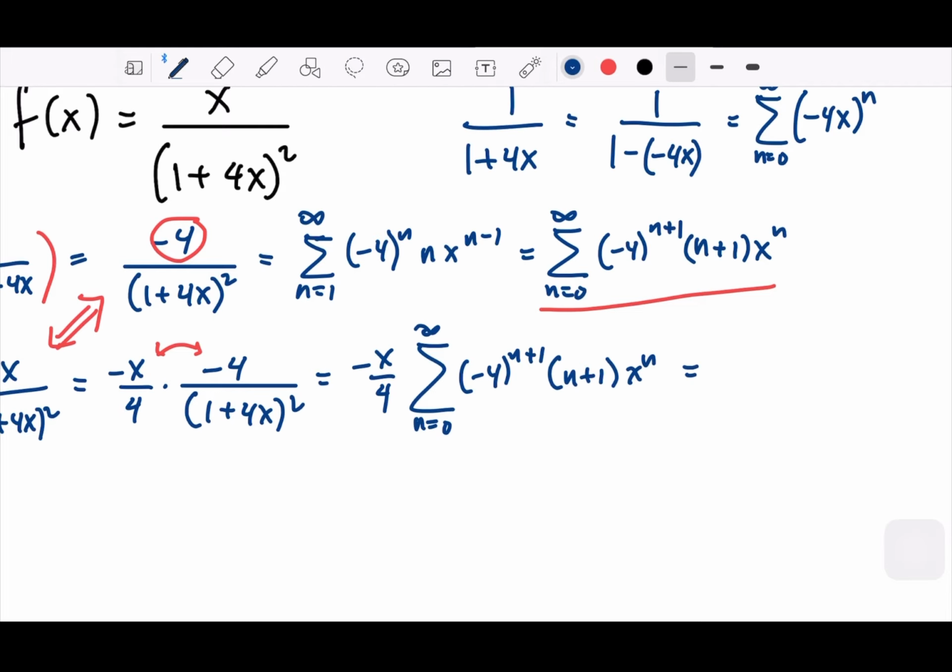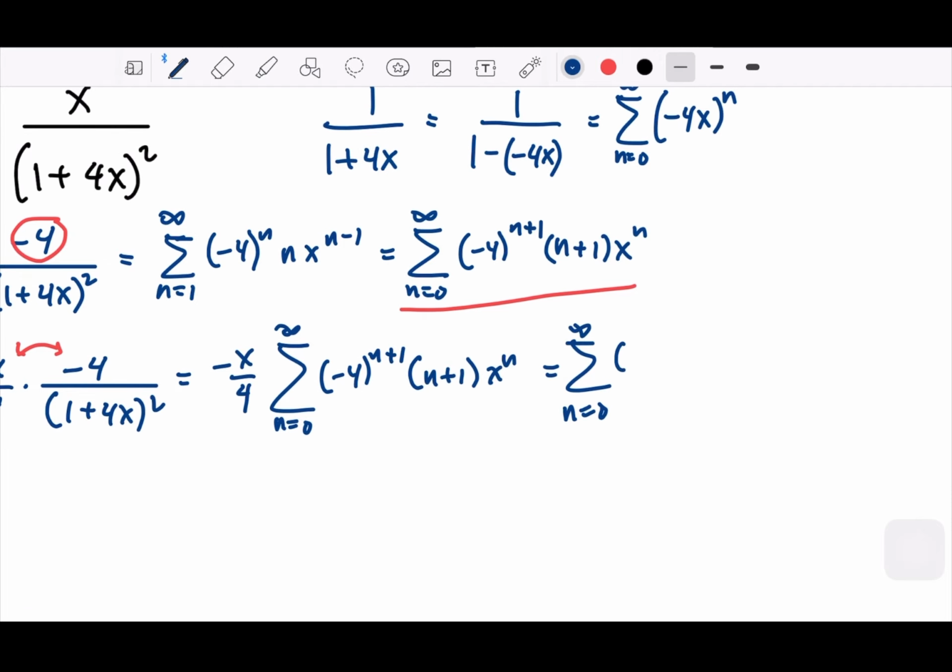And we can write this maybe multiplying the x and separate the -1 with power of n, 4 with power of n, and then n plus 1, and then x to the n plus 1.